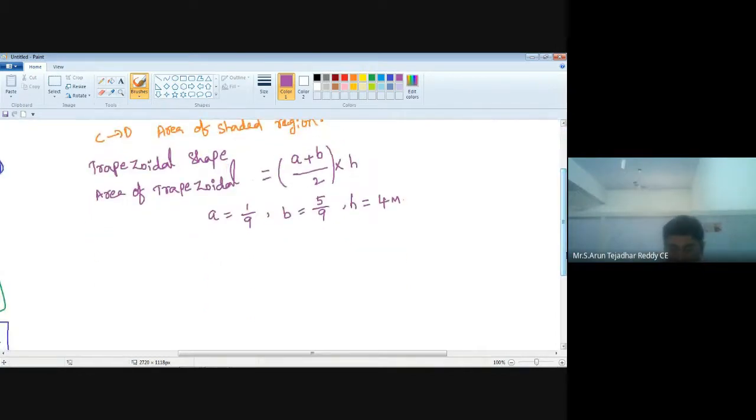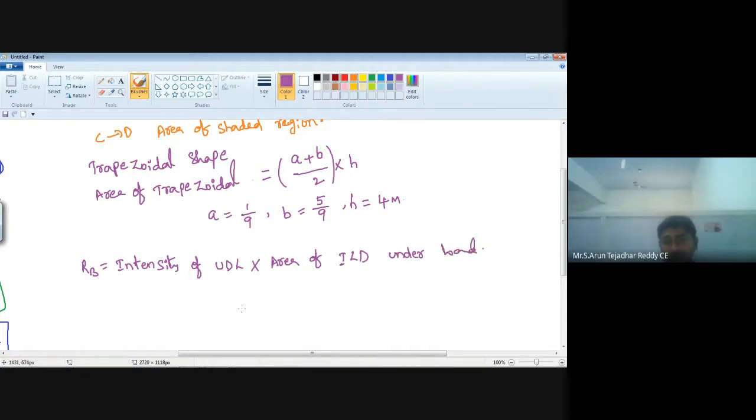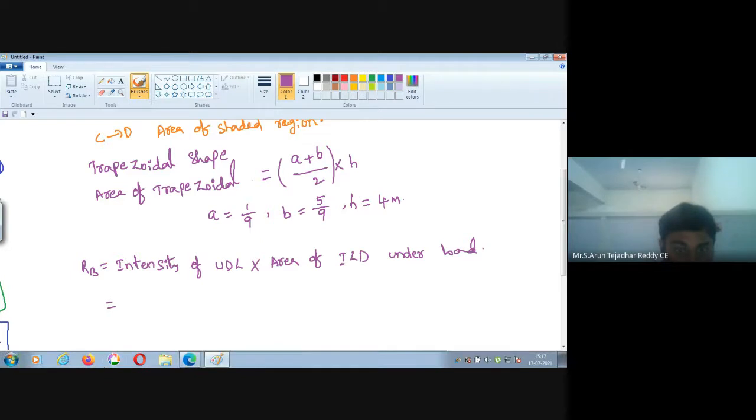What is the RB? That is intensity of UDL into area of ILD under load. What is the intensity of UDL?